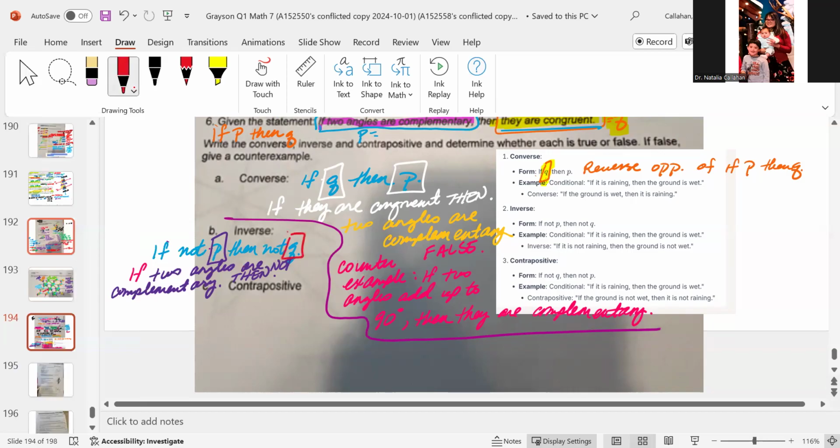What's Q? Good job. Then they are not congruent. All right, is that true or false?